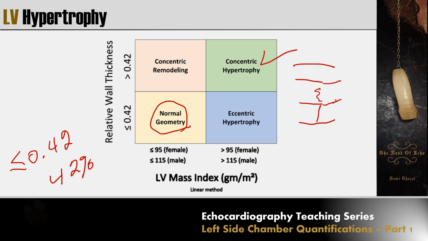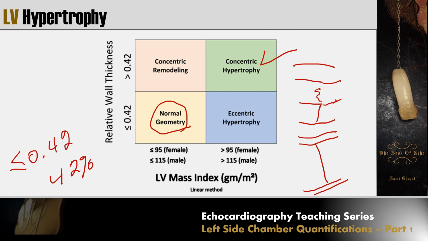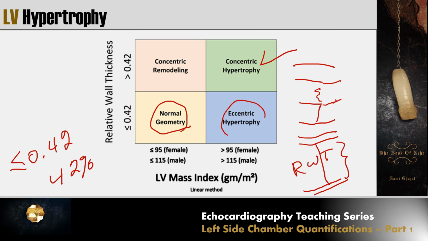And on the other hand, if you have, let's say, a dilated ventricle, the mass will be increased, but the relative wall thickness will be decreased or normal. In this case, you will have something called eccentric hypertrophy, to the outside.